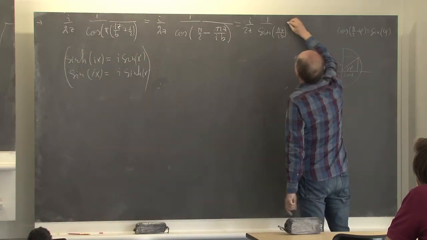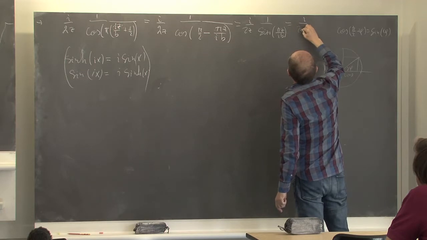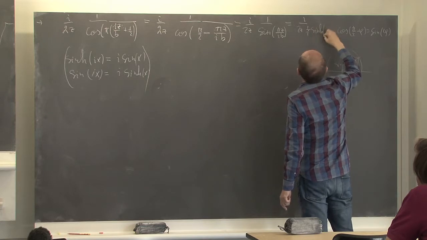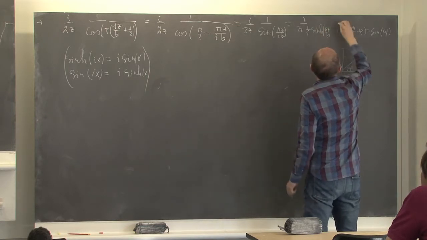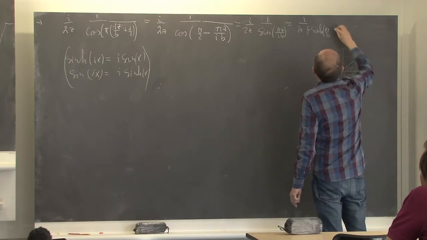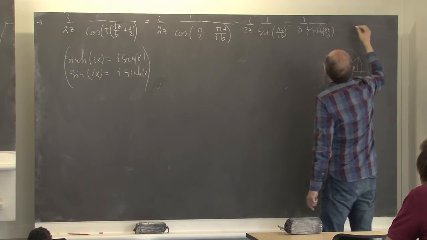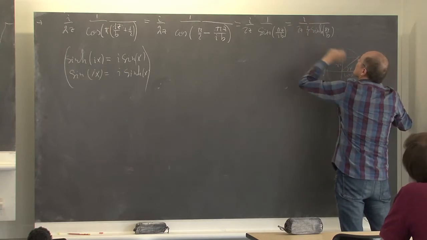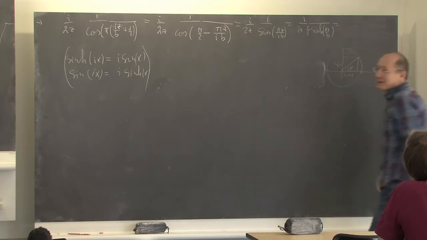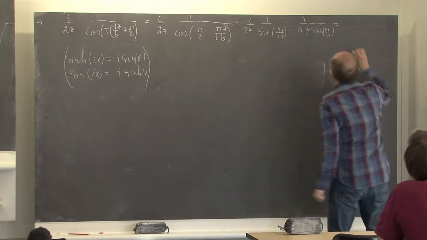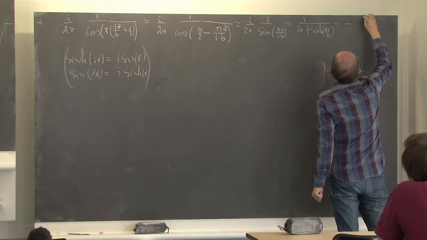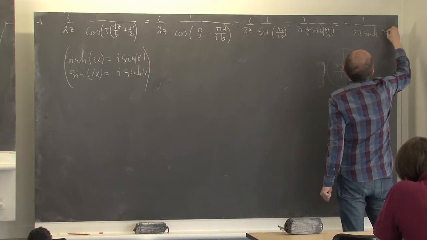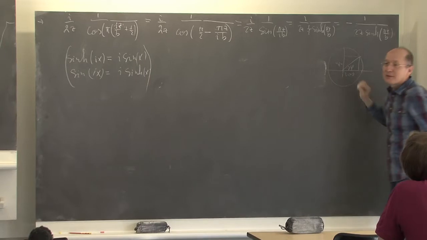So let's do that. I over 2z, 1 over i sinh of pi z over b. So I jumped to the numerator, right? Please help me to avoid extra signs. So I think that this is minus 1 over 2z sinh of pi z over b. Correct me if I'm wrong.